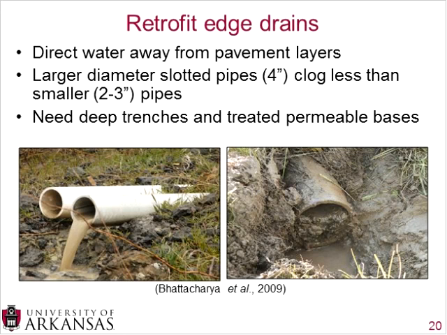So when you're thinking about existing Portland cement concrete pavement structures, some of these things may not be options. Like you obviously can't change the base course that's underneath there. Whereas if you are doing a retrofit, it may be an option to dig slightly deeper trenches. So those are a couple things to think about when you're going back and trying to solve some of the problems behind the clogging and maybe some of the possible solutions that you have.